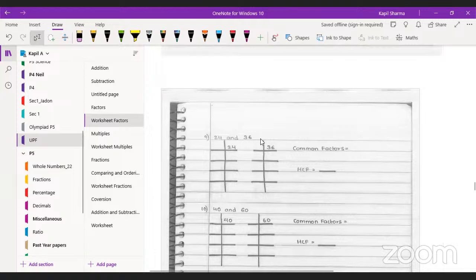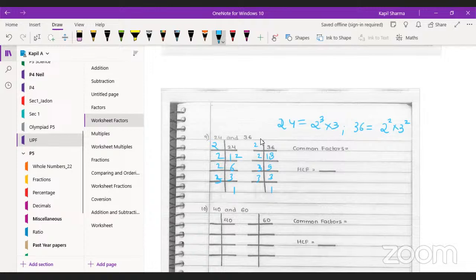24 and 36. All these problems quickly, guys. So 24 is 2 cube times 3. 36 is 2 square times 3 square. So HCF, Swastik 18.